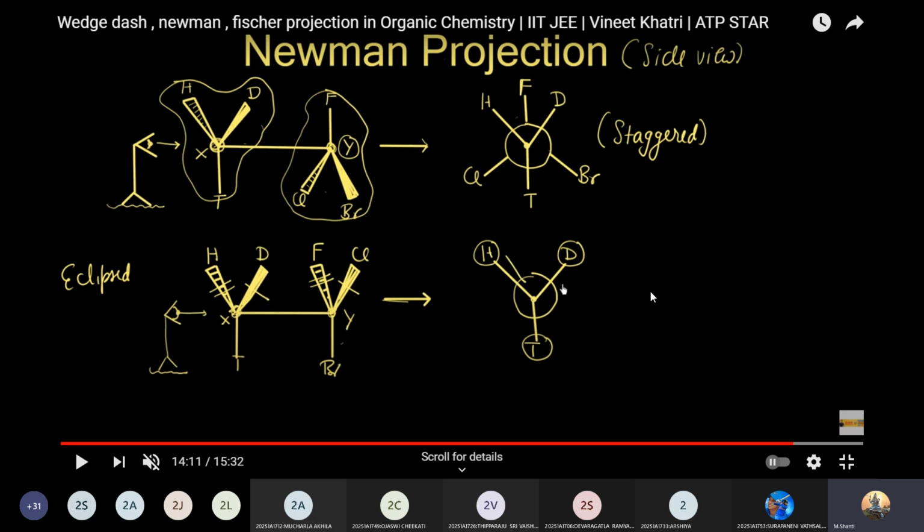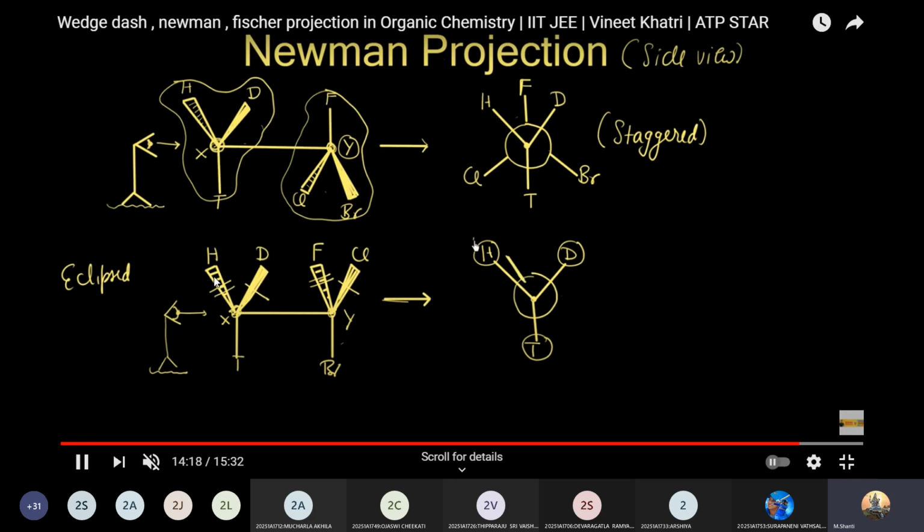Quickly tell me which substituent will be lying below the hydrogen. Look at the structure and tell me. Below the hydrogen, do you expect a fluorine or bromine? Fluorine. Yeah, fluorine. Good. So below the hydrogen, fluorine.